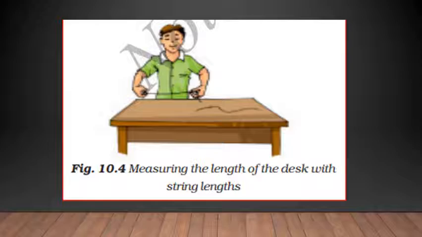The tailor needs to measure the length of the cloth to know if it is enough to stitch a kurta. A carpenter needs to measure the height and width of a cupboard to know how much wood he would need to make its door. The farmer needs to know the length and breadth of his land to know how many seeds he can sow and how much water he would need for his crops.